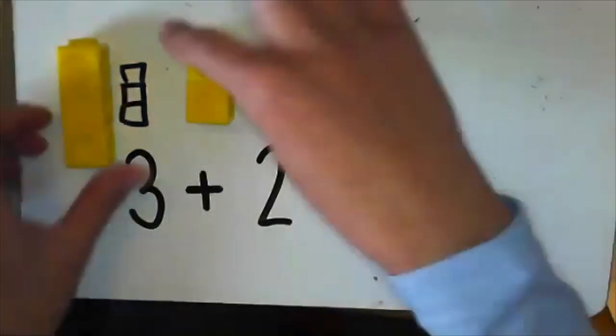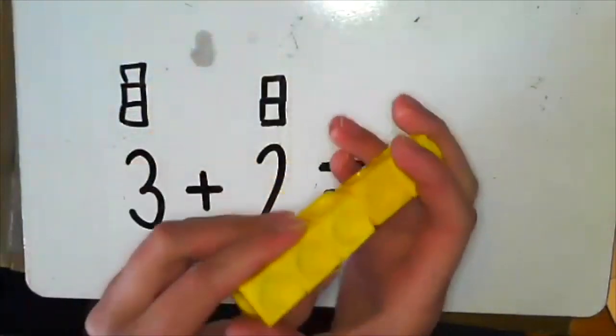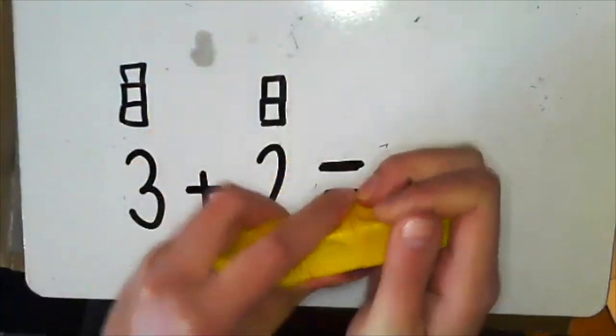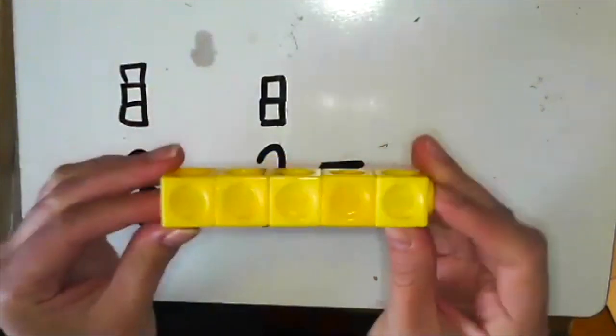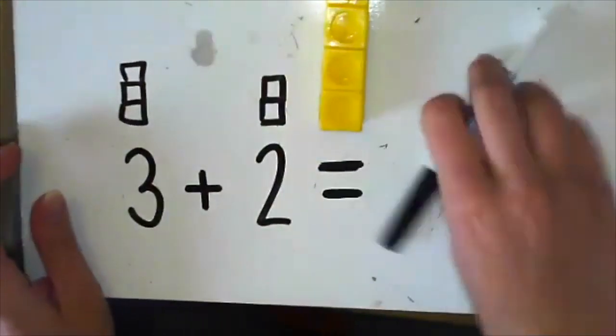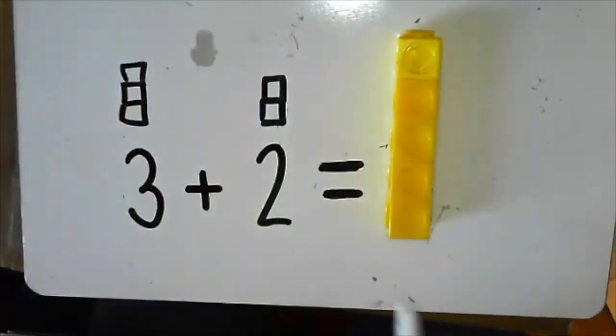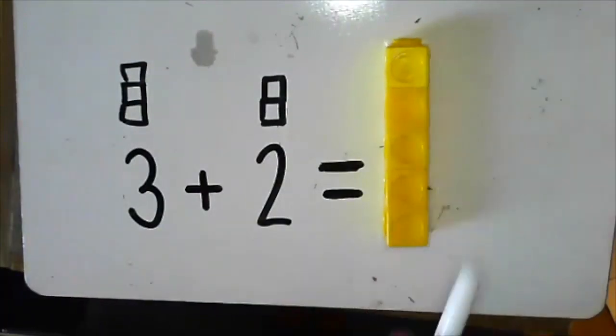So what we have to do is take our cubes and join them together. Now we have one big snake of cubes. How many cubes is it in all? Let's count. 1, 2, 3, 4, 5.